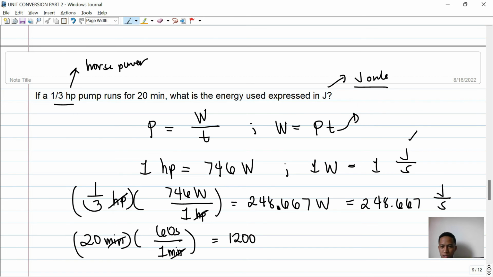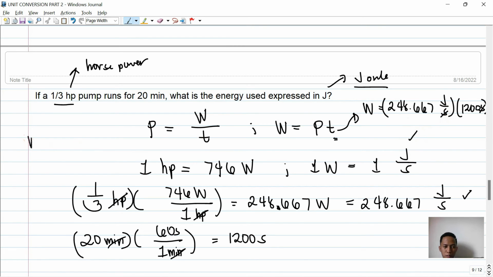Ito na lang. So energy is equal to power, which is 248.667 joule per second times time, which is 1,200 seconds. So seconds will cancel out.